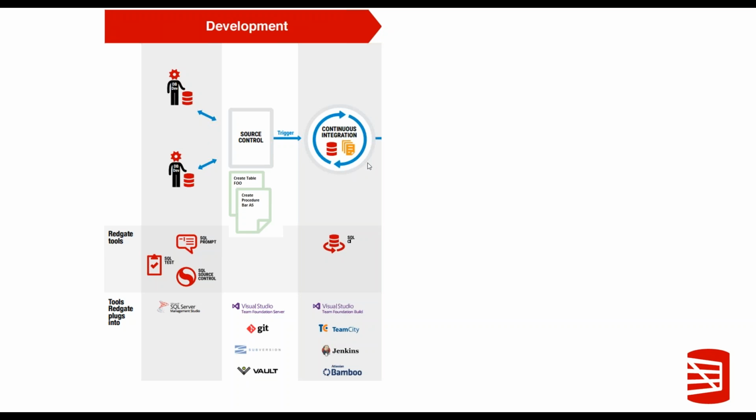Once the changes are in source control, then you have the option to run automated builds regardless of the build system you're using. Today we're going to be focused on Team City, but we do plug into any build system that accepts PowerShell or Windows Bash commands as a command line.